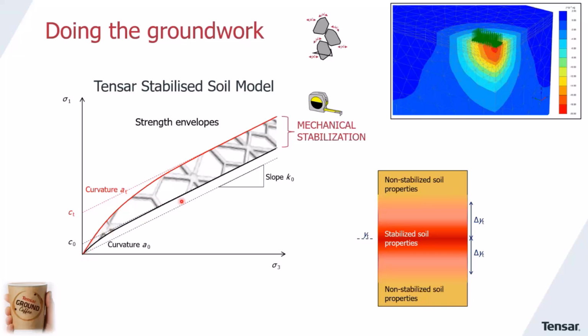So what we can see here in the black curve is the behavior of granular material without any Tensar geogrids, where we can see the angle representing the friction angle of the material, and the intersection point with the vertical line will be the cohesion. And the lower the bulk stress is, the lower the cohesion.